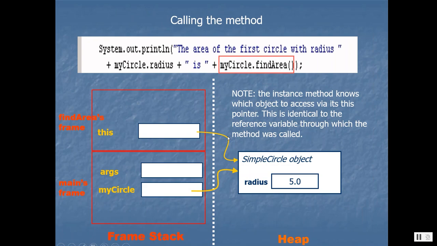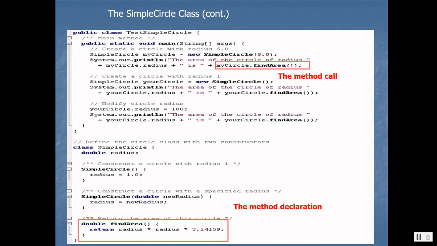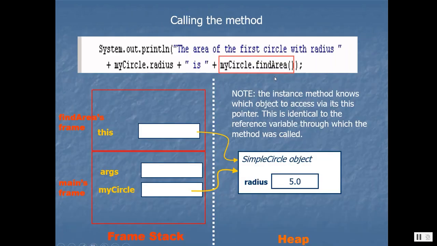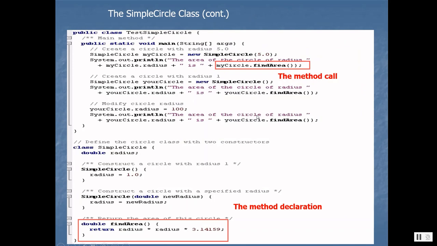So if we were going to look at what takes place in memory there, we're about to call find area. We've created this simple circle. We're about to call find area on this simple circle whose reference is located in this local variable right here of main. So we're about to call it, and we can see that my circle is pointing at that object. So when we called my circle.find area, and find area, by the way, doesn't really have any local variables here, right?